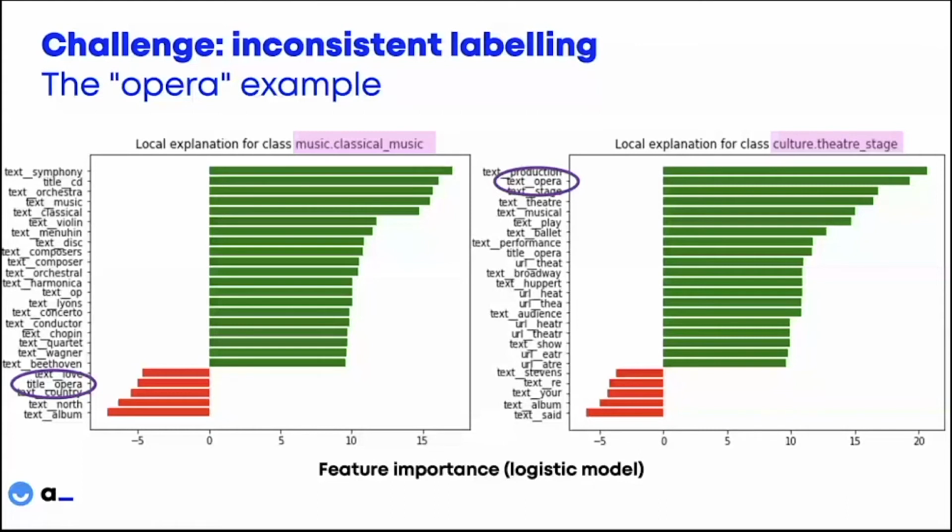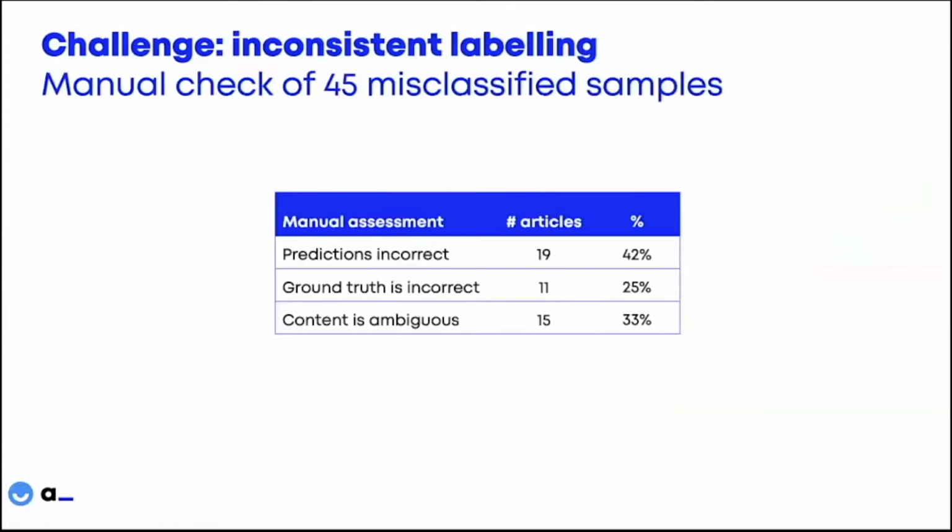And we wanted to see how often it occurs that our model is not really wrong, but something is wrong with the dataset. We performed a manual check of 45 samples from this evaluation set that were labeled as misclassified by our baseline model.